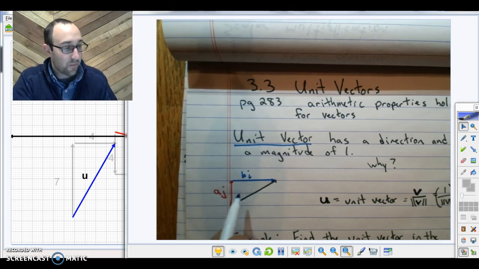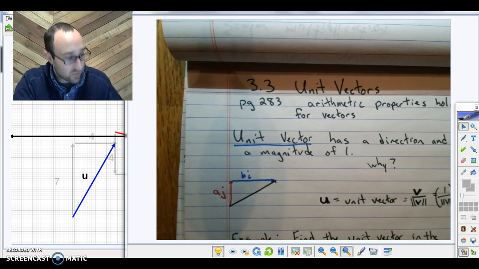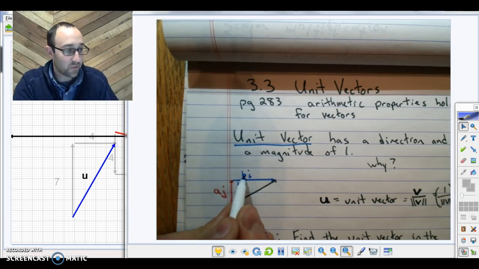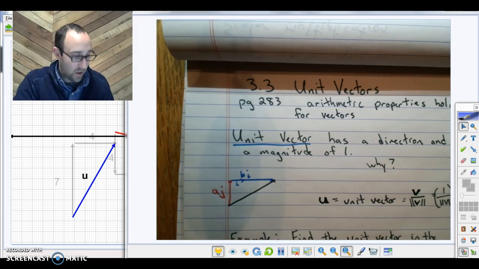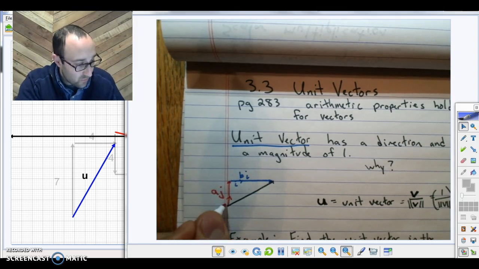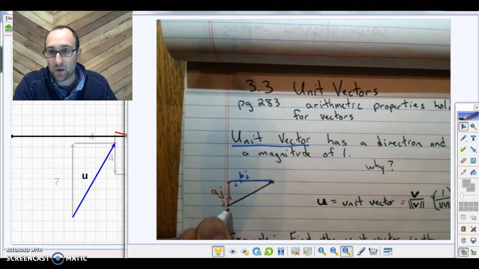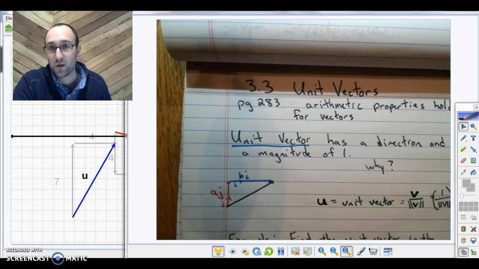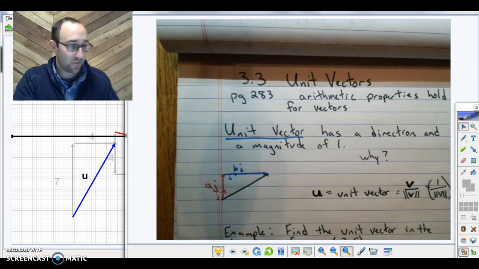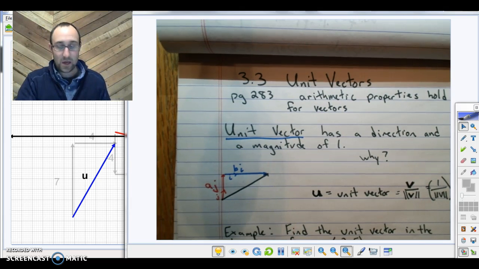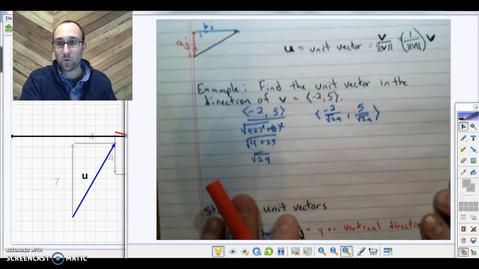So I can multiply my i, which is my unit vector, right here, by b and get all the way out here. And then j would be like this one right here. That would be my normal j, my unit vector, and if I multiply by a, I can get up here. That's why we're going to use unit vectors, because then we can go from here to here using i's and j's. We can get anywhere that we want on a regular coordinate grid.